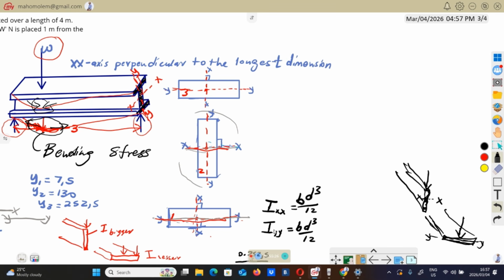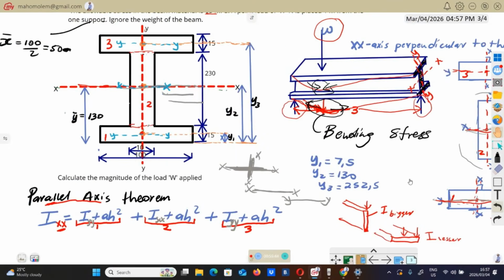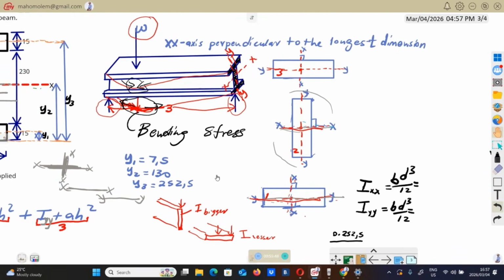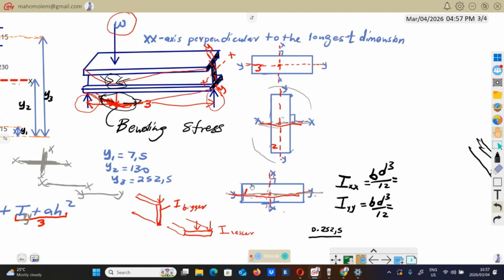This one will give us the resistance when the box is positioned like this. Let me just get the dimensions here: 15 by 100. So from here to here is 100.